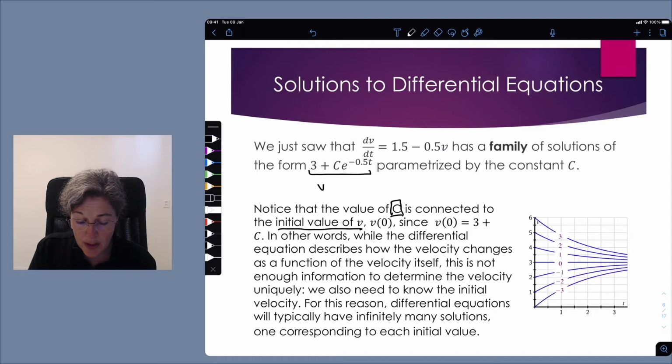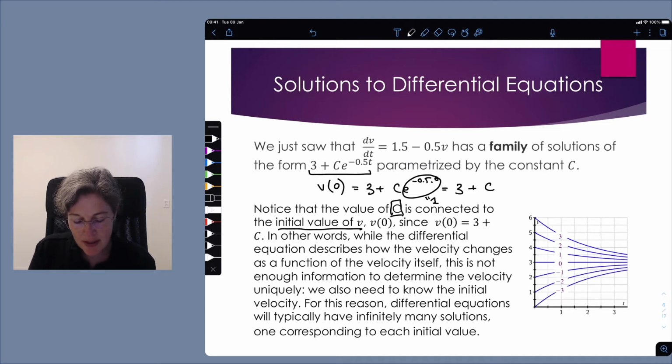If we look at what our initial value is, we're thinking of initial because mostly we're looking at time, at t0, where the time is equal to 0. If we look at v0, then we're going to get 3 plus c e to the minus 0.5 times 0, which is just 3 plus c, because this term over here is equal to 1.